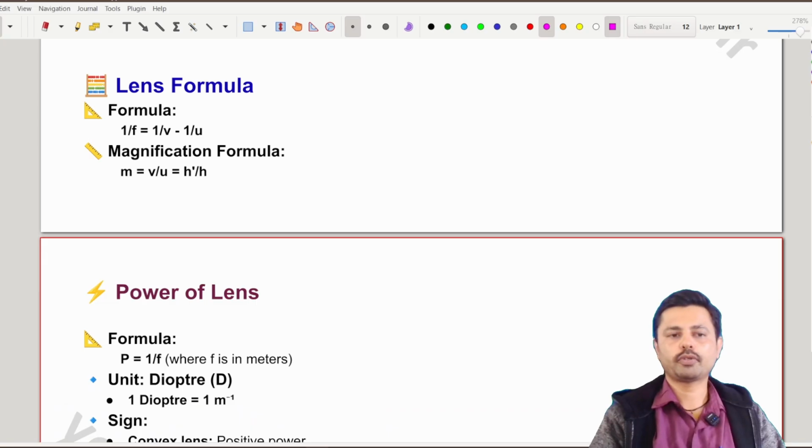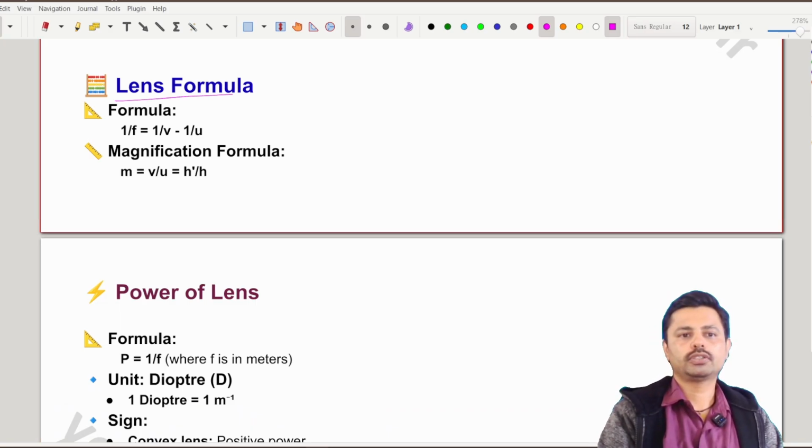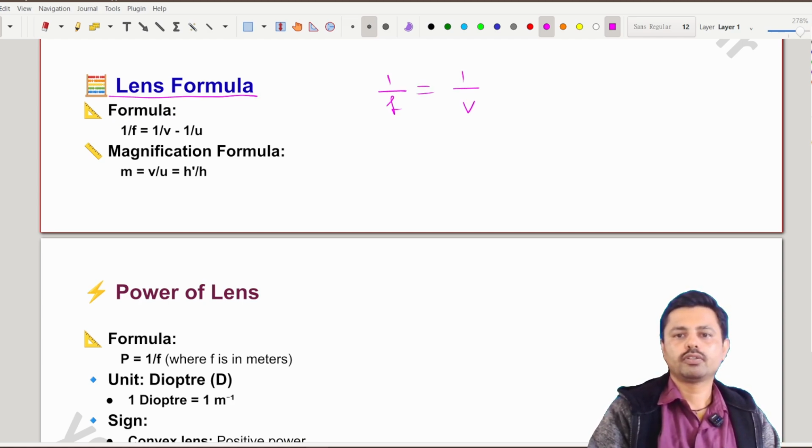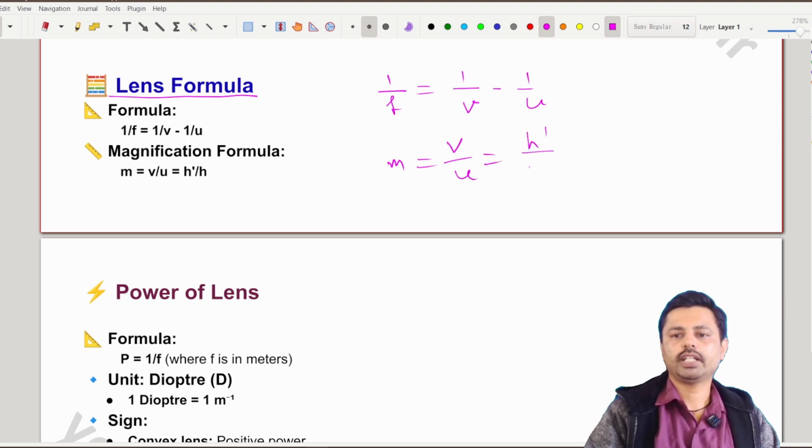Some important formulas. So let's go through that. Lens formula: 1 by f equal to 1 by v minus 1 by u. f is the focal length, v is the image distance, u is the object distance. Magnification is also very easy, m equal to v by u or h dash by h.